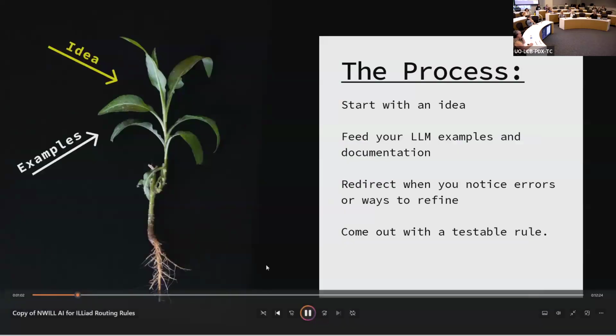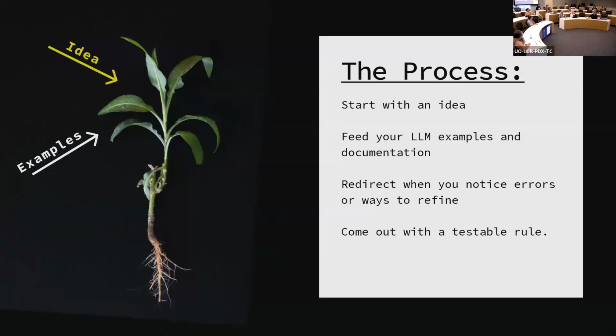So if you can look up in your ILLiad customization manager your own routing rules that you already use, you could give it some of those as examples. You also might want to look at outside documentation, like things from Atlas or other organizations that might mention routing rules.